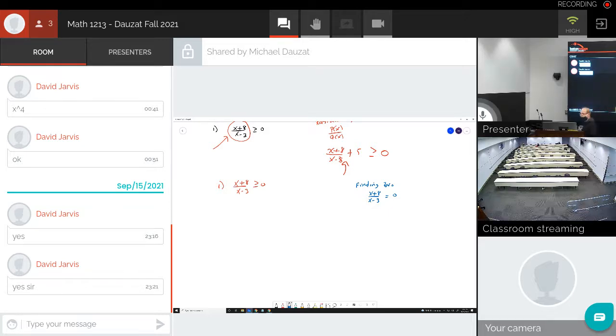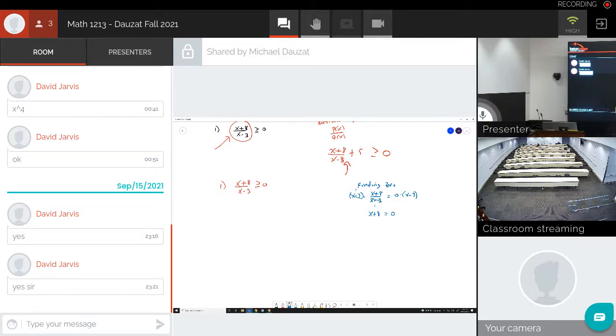So you multiply both sides by x minus 3. What you do to one side, you do to the other. When you multiply both sides by x minus 3, the x minus 3's divide out. So 1 times x plus 8 is x plus 8, and that's going to equal 0 times x minus 3, which is 0.